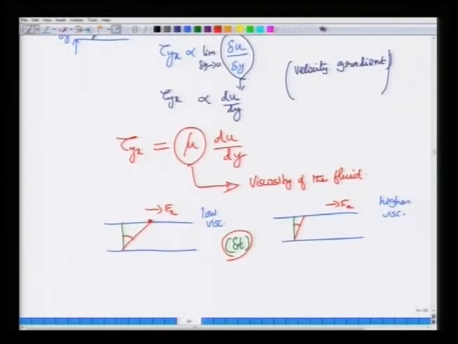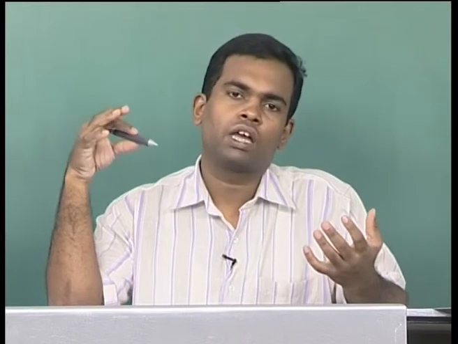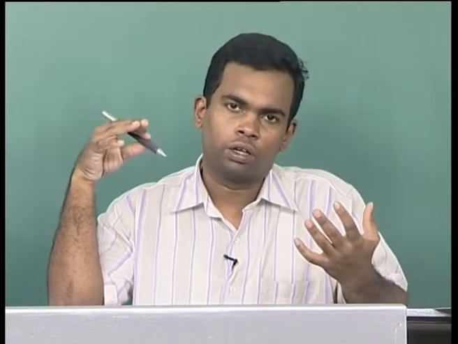This delta alpha will be small for a higher viscosity fluid, while it will be larger for a lower viscosity fluid, but it will continue to increase in both cases. So, it is a matter of how fast the fluid deforms, and a higher viscosity implies that the fluid is going to resist deformation more compared to the case where the fluid has lower viscosity, where it deforms very quickly.